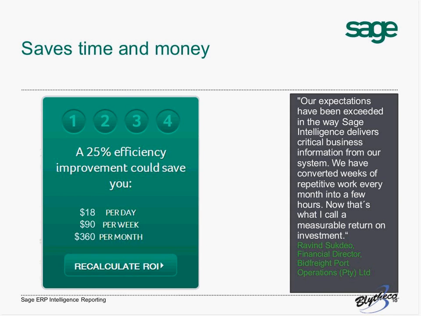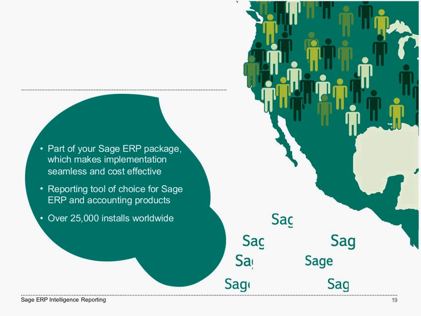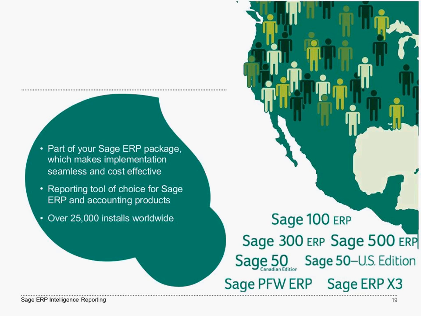Same thing with Sage Intelligence: it's being rolled out to all our customers worldwide. So it's not just the North America market, but everyone across all of our ERPs. We have over 25,000 installations. The product's been around with the Sage family for coming up on 2 years now, and it was created 12 years ago, running independently.